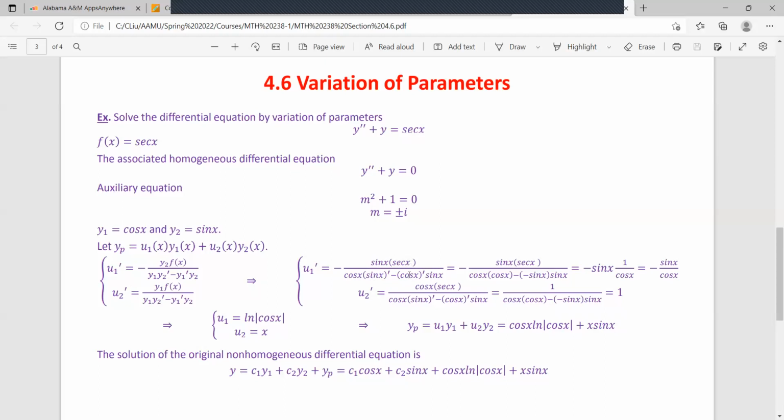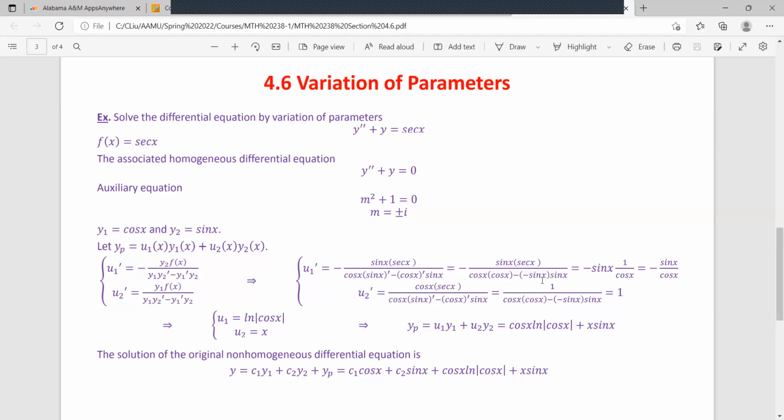All right. So we can just take the derivative of sine x to get the cosine x, and the derivative of cosine x to get the negative sine x. So then we get cosine x times cosine x, which is cosine x squared, minus negative sine x times sine x, which is plus sine x squared.